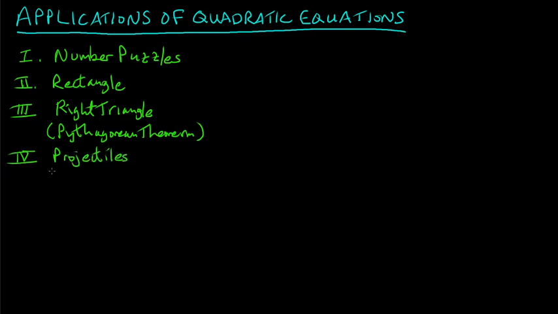Projectiles are things that you either throw or you drop, and how long it takes to drop something or to throw something. Those are the four main applications we're going to solve, and we'll do maybe a couple of each. Okay, so let's start with the number puzzles, and they go like this.